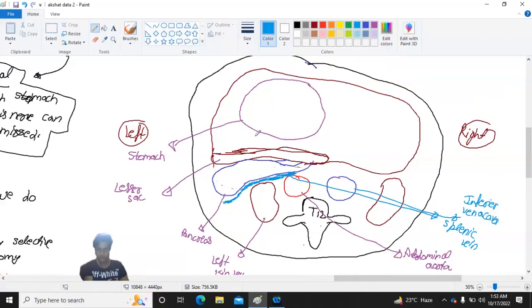Then above, we can also draw this. This is the splenic artery. Artery.